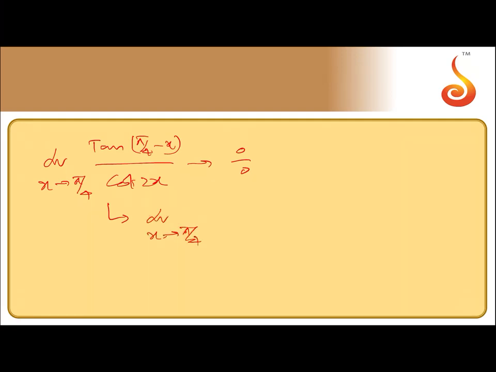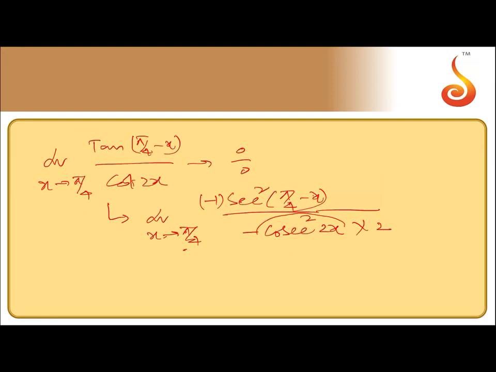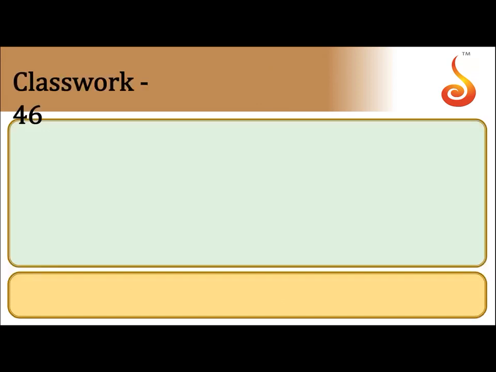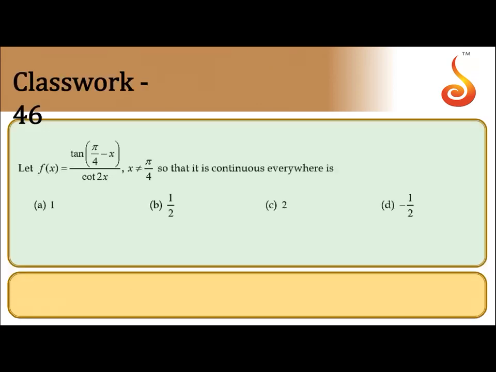The limit as x extends to pi by 4: the tan derivative is secant square (pi by 4 minus x), and the x derivative is minus 1, divided by the cot derivative, minus cosecant square 2x multiplied by 2. Of course, when x tends to pi by 4, this value happens to be 1 and this value is also 1. So with minus minus cancellation, we get 1 by 2. So the value of the function at pi by 4 is equal to 1 by 2.